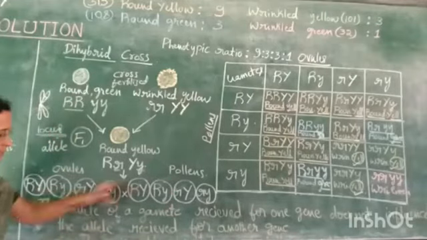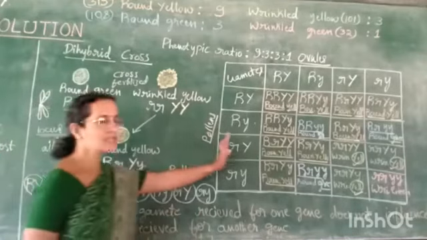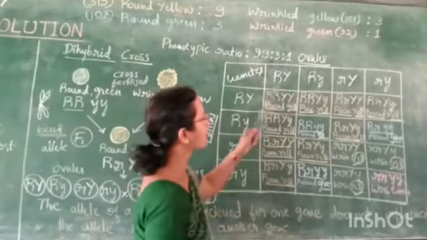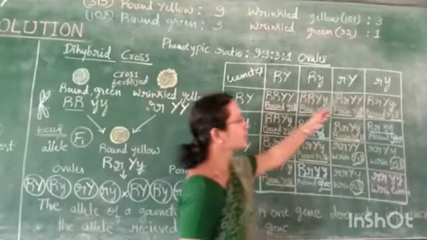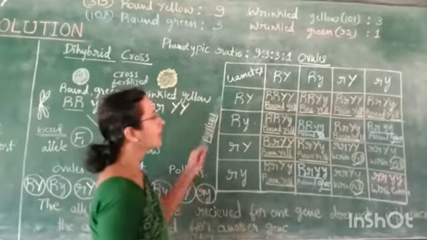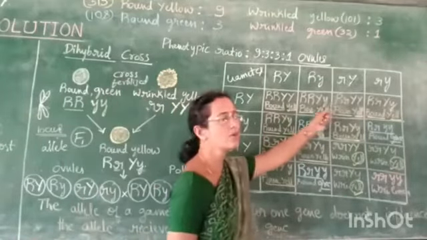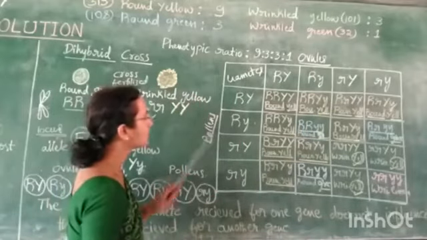So when these two were combined, we can see in this checkerboard that we can write the ovules in the horizontal row, and in the vertical line we can write the pollens.